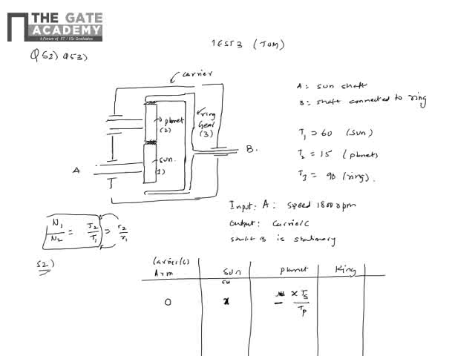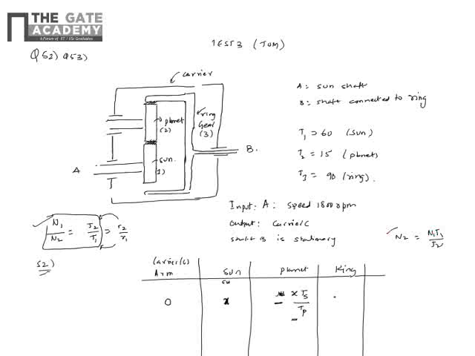Now the ring. When the arm is fixed, I give the sun x revolutions per minute, and the planet moves with this many revolutions per minute but anti-clockwise. Now ring and planet also we can consider in the same way. So n2 is n1 times T1 by T2, where now 1 is your planet and 2 is your ring. So you apply the same thing.